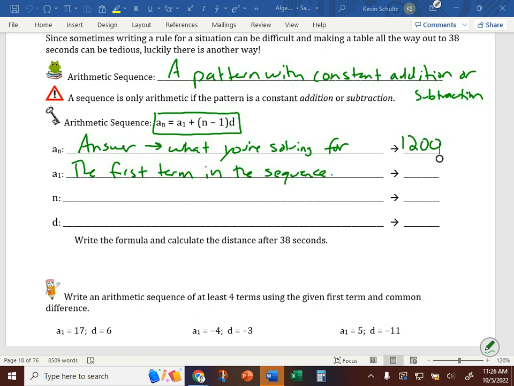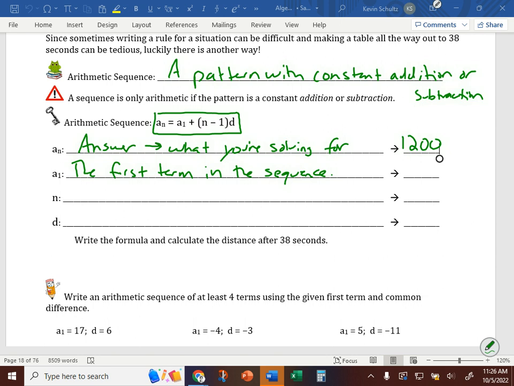So a_1 represents the first term in the sequence. What was the first term in the sequence in that table?